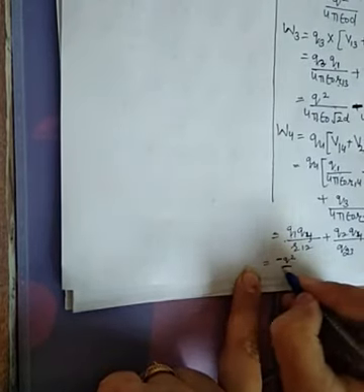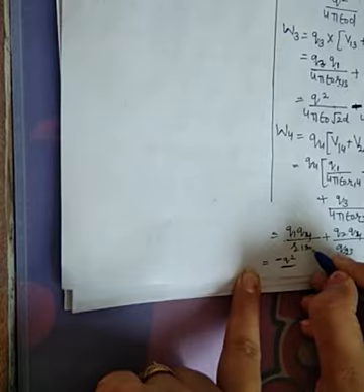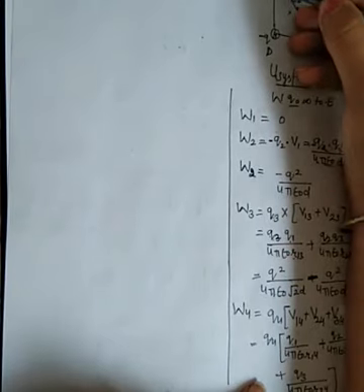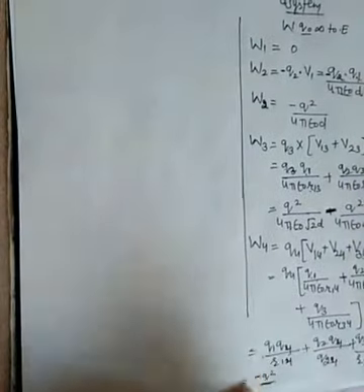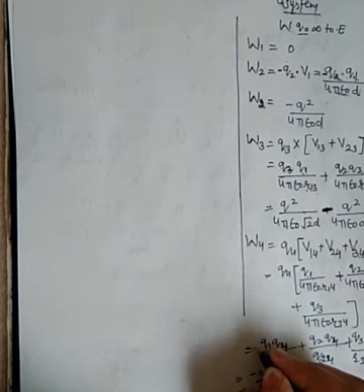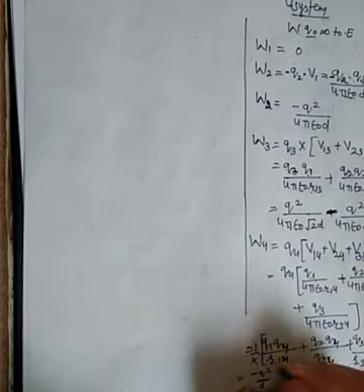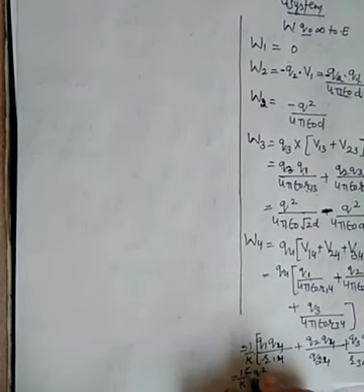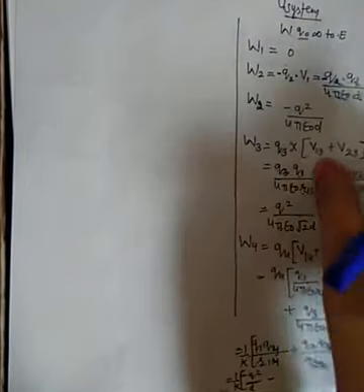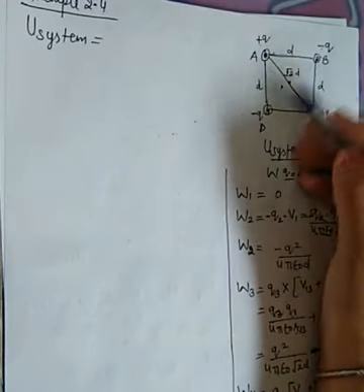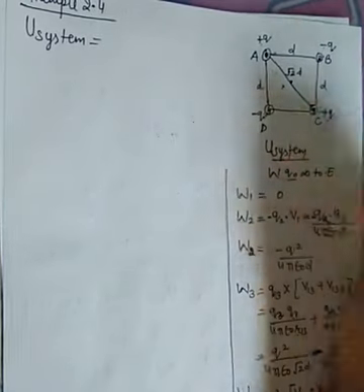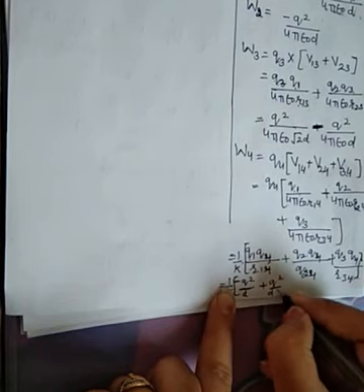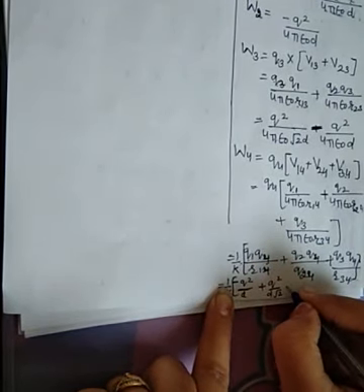And what about the separations R14, R24, R34? The separation between 1 and 4 is D, so it will be D. Taking 1 by K common out, K is 1 upon 4 pi epsilon naught. Now Q2 and Q4, check. Q2 is negative, Q4 is negative, negative into negative is positive, so it will be plus Q square, and the separation is D root 2. What about Q3 and Q4?